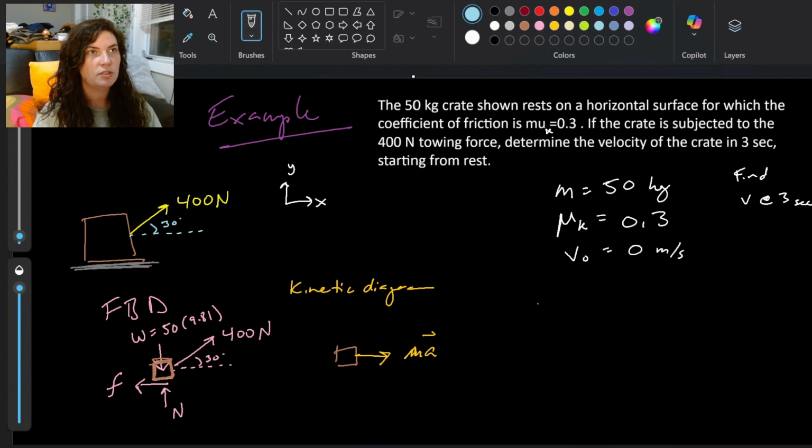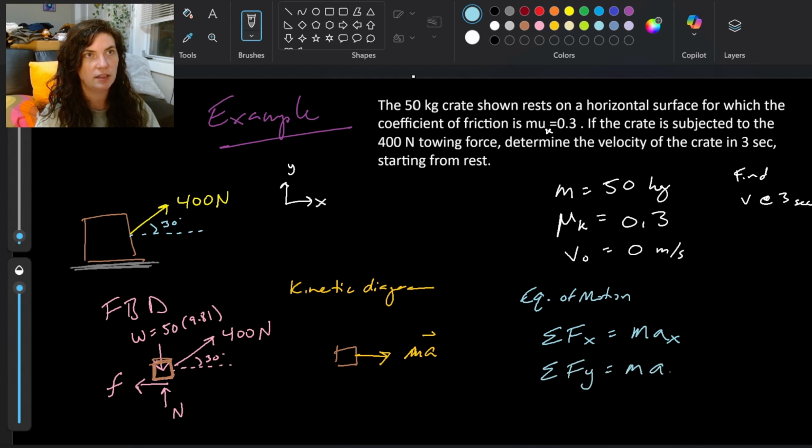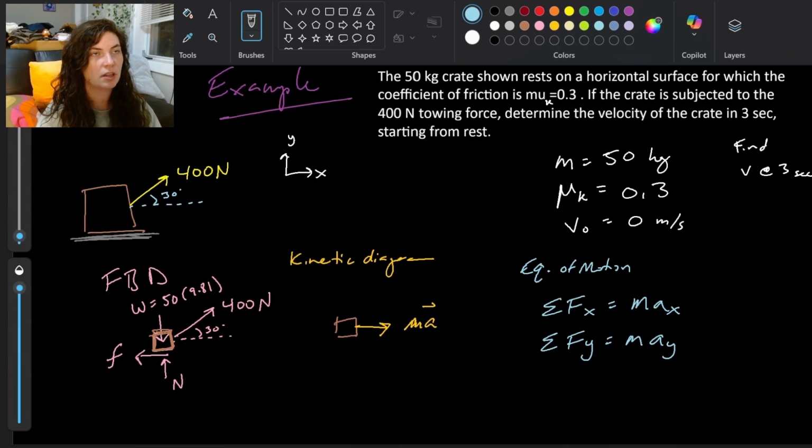So again, those equations of motion. I'm going to do my sum of forces in the x direction equals mass times acceleration in the x direction. Sum of forces in the y direction equals mass times acceleration in the y direction. So my sum of forces in the x direction, I'm going to pull those off of the free body diagram.